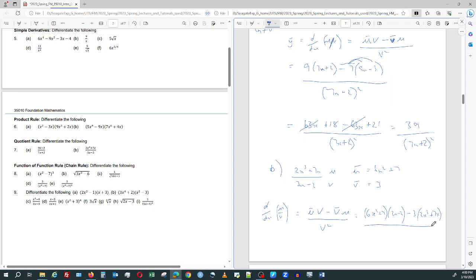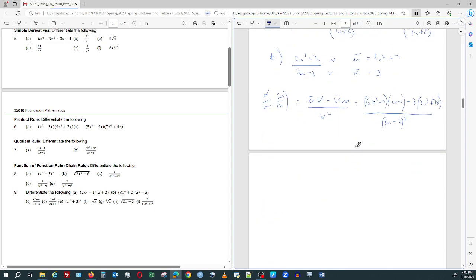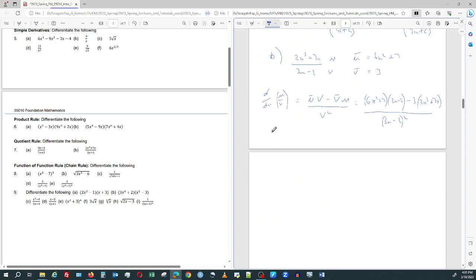Over 3x minus 2 all squared. So we can just do the expansion. That's a full FOIL. That's a half expansion.